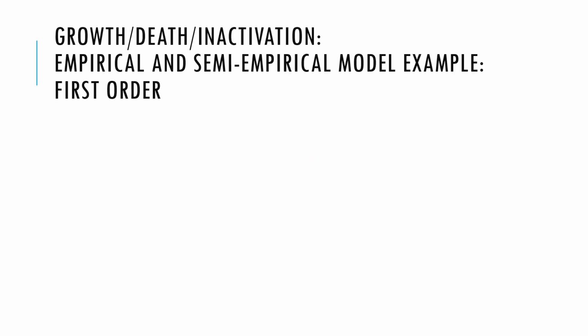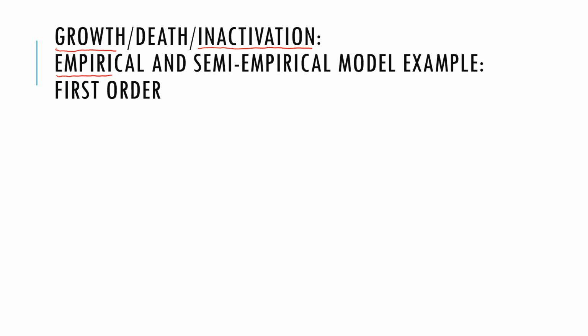For the first example, we choose first order kinetics, the most common example for growth or inactivation and so on. Now, a comment about these reaction orders and so on.